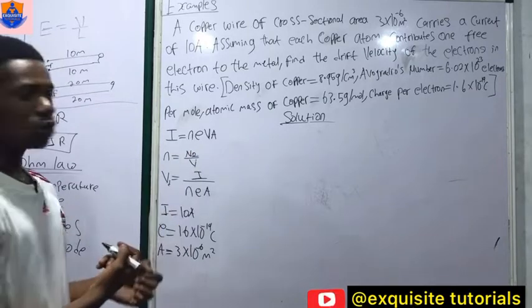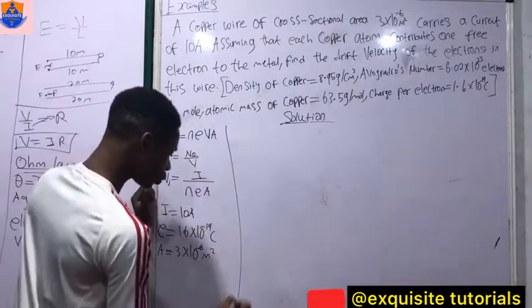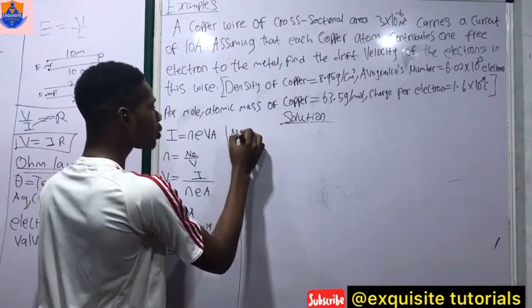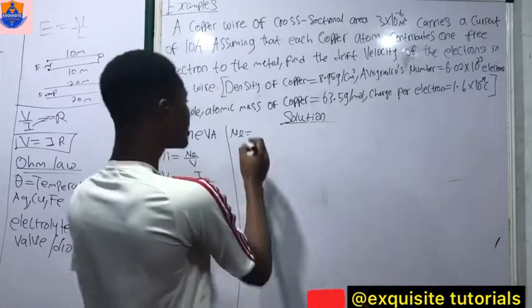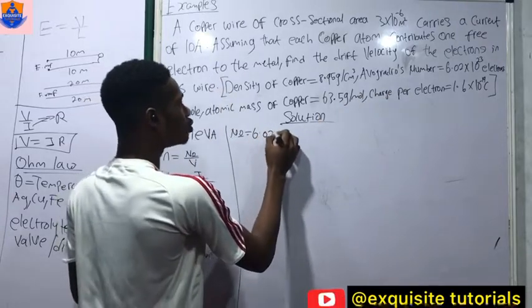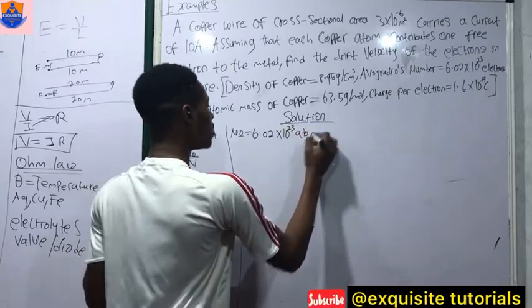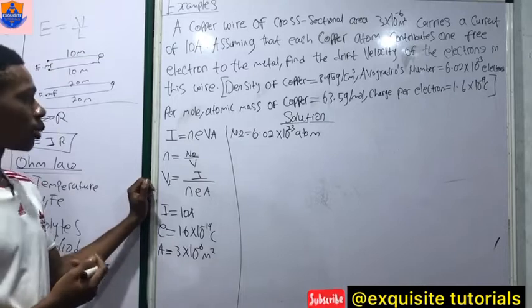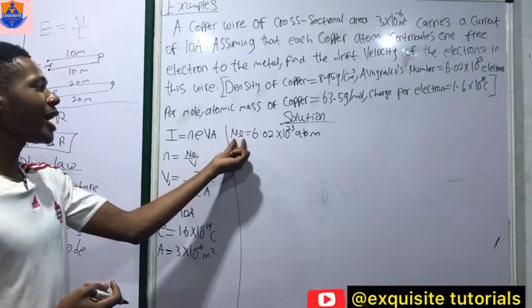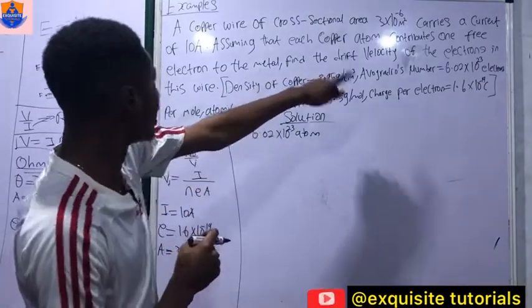We are not given the volume of the copper. First of all, the number of atoms is equal to Avogadro's number, which was given on the board as 6.02 times 10 to the power of 23 atoms. Remember, N naught represents the number of electrons or number of atoms. The reason why in this case N naught represents the number of electrons also is because of a statement that was made in the question.